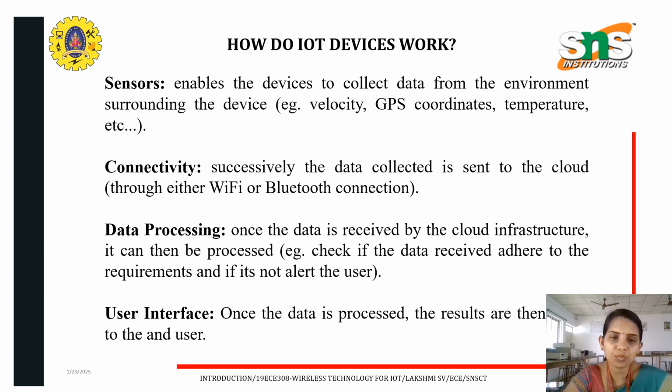Then is the data processing. Once the data is received by the cloud infrastructure, it can, for example, check if the data received adheres to the requirements, and if it does not, alert the user. Then is our user interface, where the data is processed and given to the end user. So this is how IoT devices work.